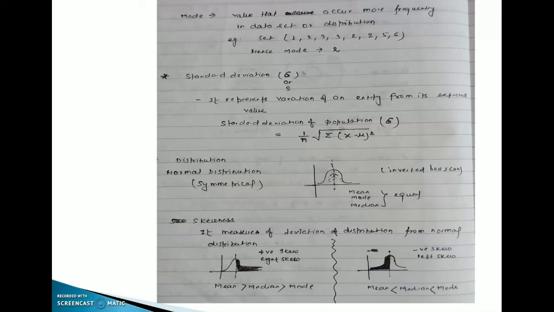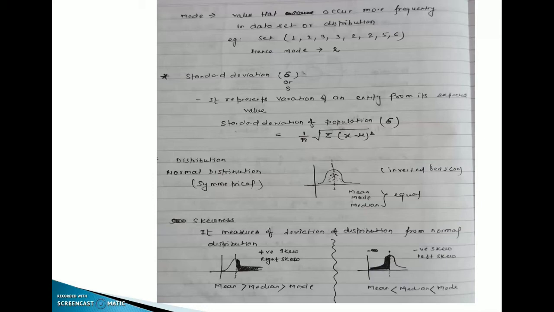Here we see one formula of standard deviation of population, that is 1 divided by small n under root sigma x minus mu whole square. This is the formula of standard deviation of population. We will see how it works in numerical part.